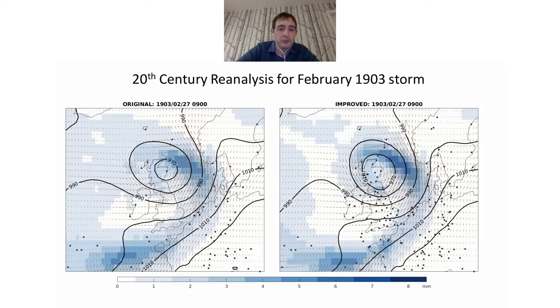It's obviously got some strong winds, but nowhere near strong enough to do the damage that we saw. The blue colors show the rainfall. This is a 3-hour rainfall rate, so we're seeing several millimeters of rain every 3 hours over the dark blue regions. You can see the isobars in black, the simulated rainfall in blue, and the winds in the orange arrows.